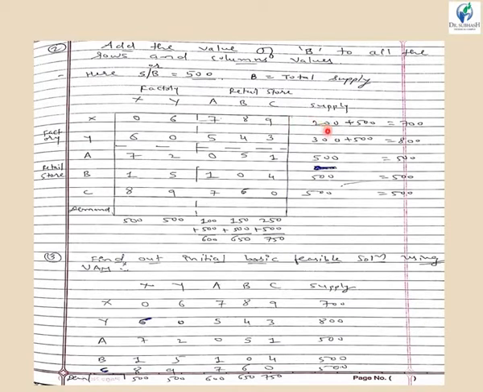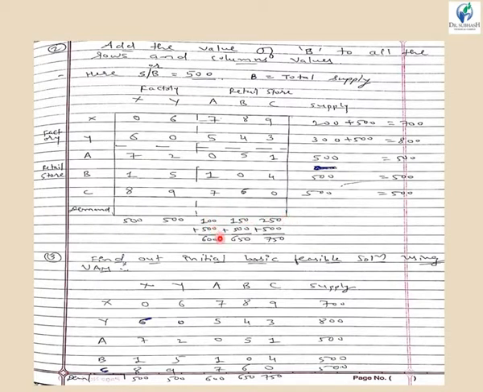Okay, so it was 200 that was given in the data, and the total available supply is 500. So we will add this 500 to this original 200 capacity, so it becomes 700. Similarly for factory Y it was 300, and we have added the total supply, that is B or S, whichever you can use as a notation, it is up to you. So that 500 is again added to this original supply capacity and becomes 800. Now the retail stores A, B and C, their demand was 100, 150 and 250.